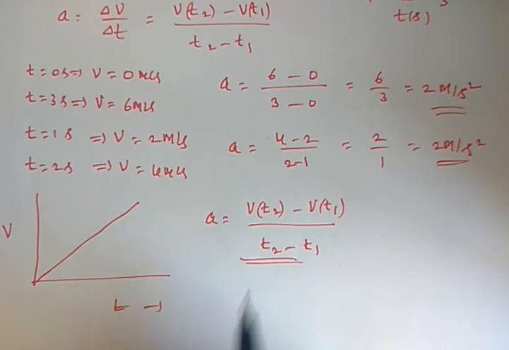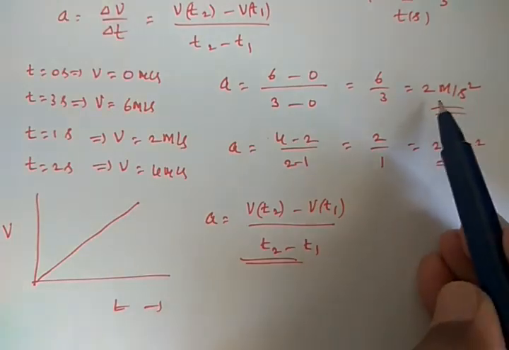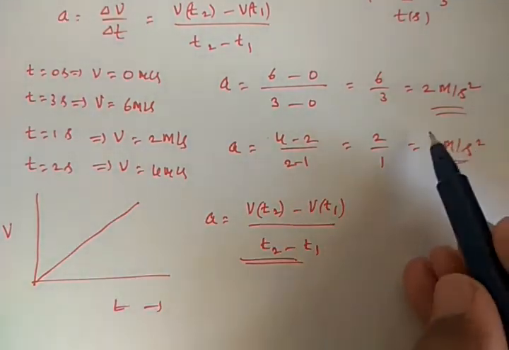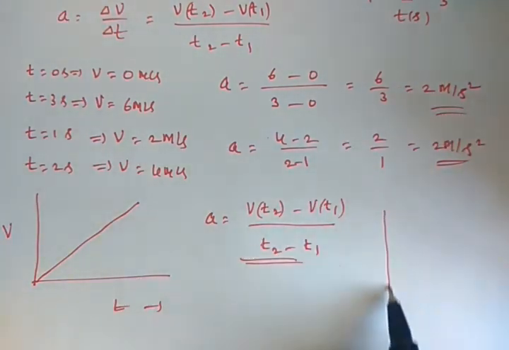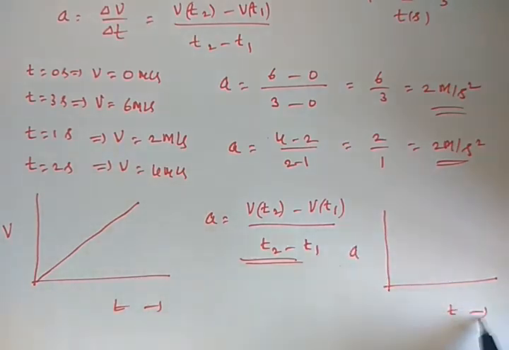This is your acceleration. Now for the above case, we got acceleration is 2 at every point. So if acceleration is the same at every point, let us draw the graph between acceleration versus time.